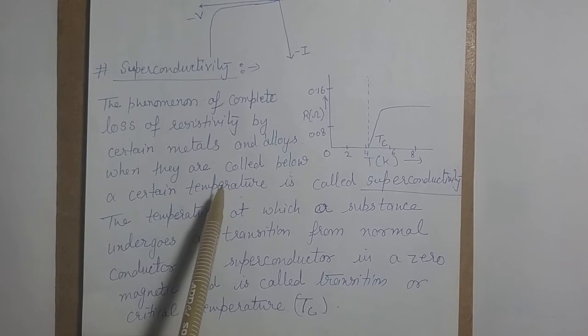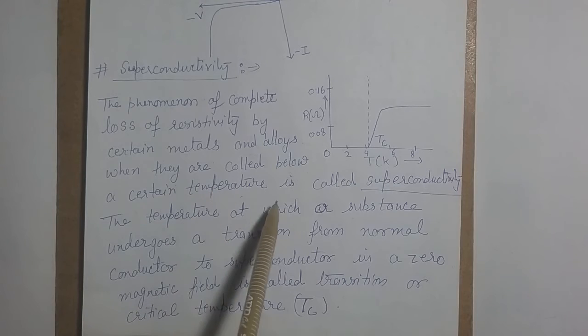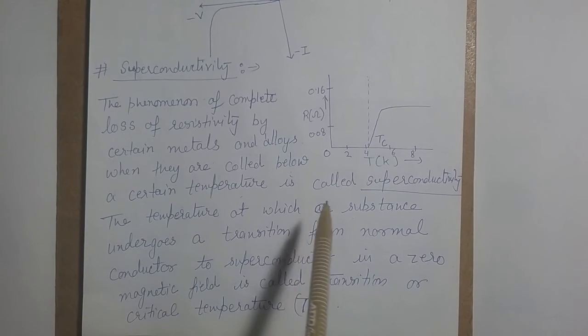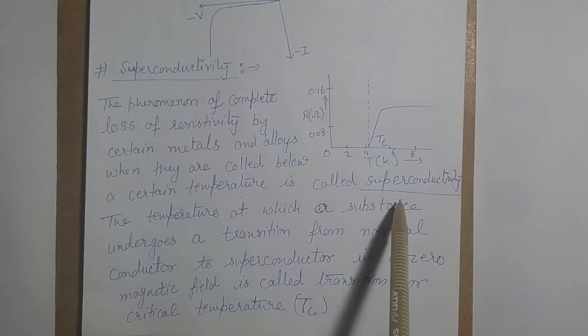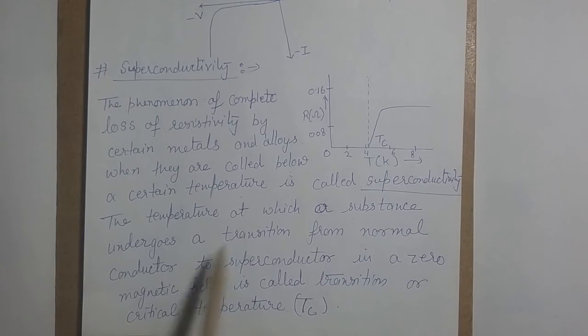So when we are cooling a particular substance below a certain temperature, which is known as the Curie temperature, the substance behaves as a superconductor, and the phenomenon is known as superconductivity. And that temperature at which this transition takes place is known as the critical or Curie temperature.